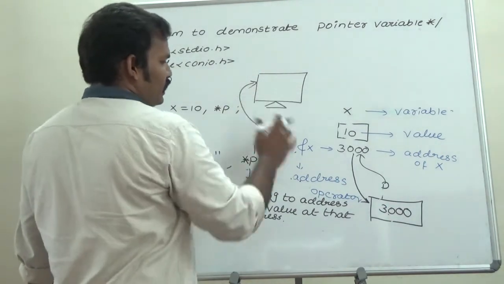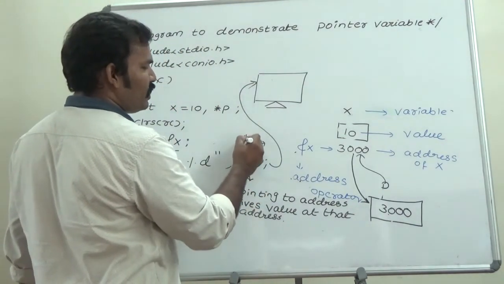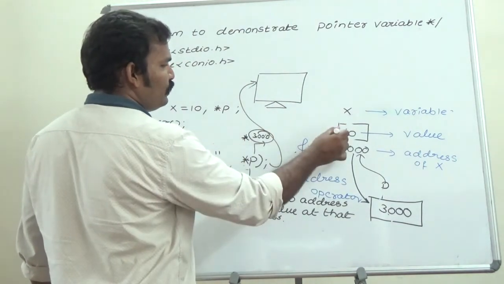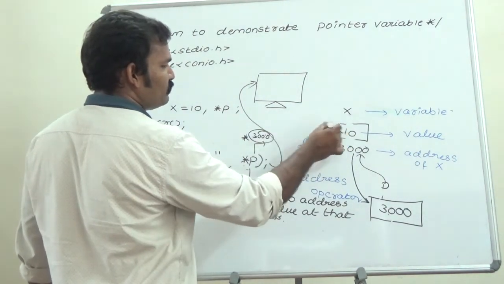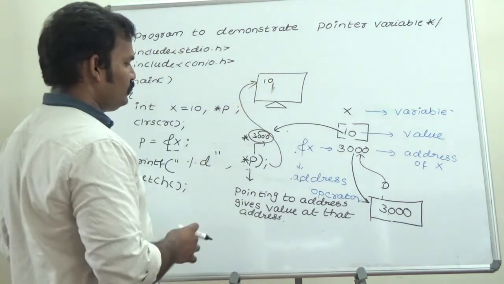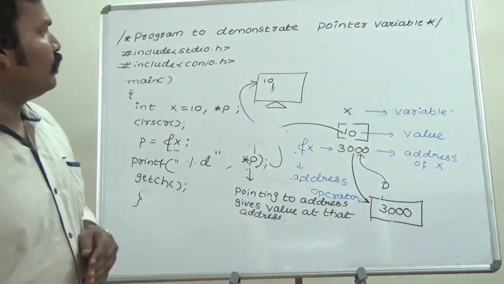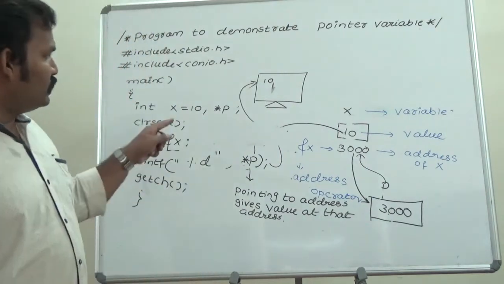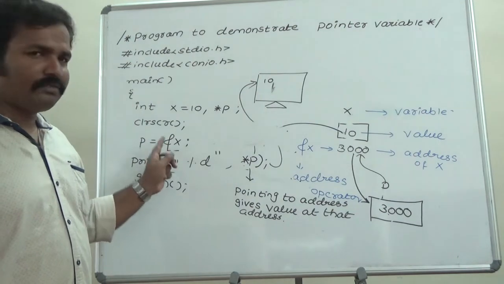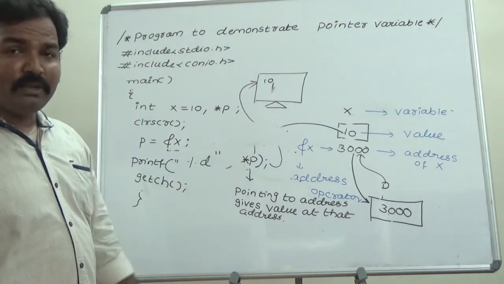So the value here is 10. This is the program to demonstrate pointer variable. In this example, p is a pointer variable that holds the address of variable x. Here pointing to an address gives the value at that address.